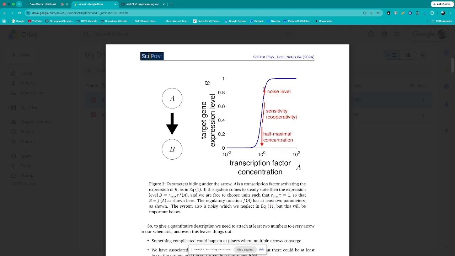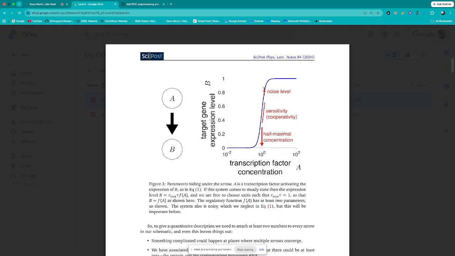Sometimes it's necessary if we're dealing with environmental noise or other things that could otherwise result in variation in the phenotype. So noise is important to characterize, not to mention that these processes have high tolerance, but they're not perfect. And so you get this noise level you have to account for.